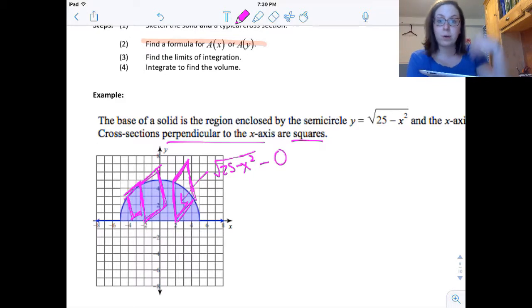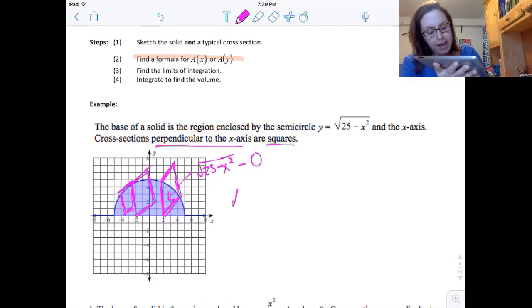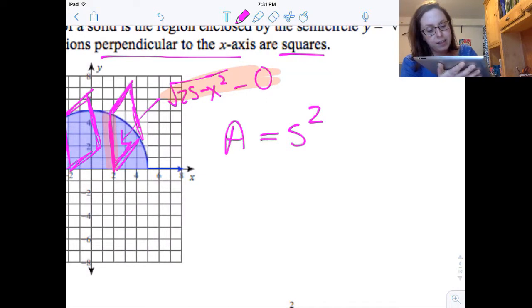Not going through the plane, but really with that as my base. So the area of this is going to be the area of a square. My side length is that, which is this formula that I found before. So my side length is the square root of 25 minus x squared minus 0, right?